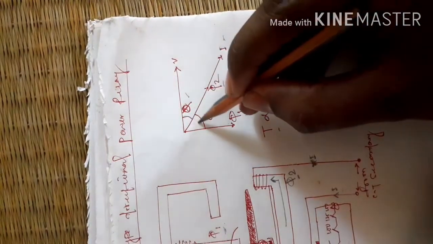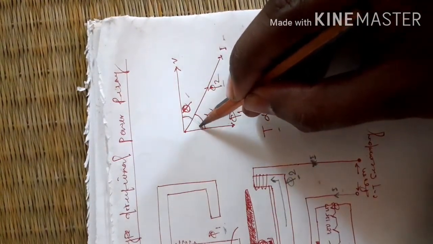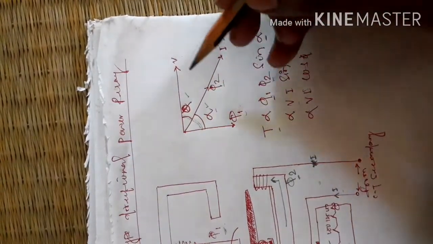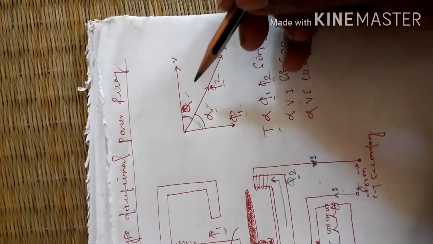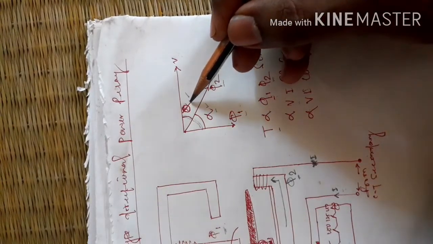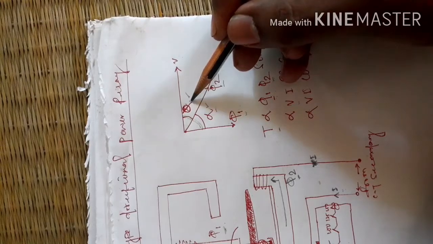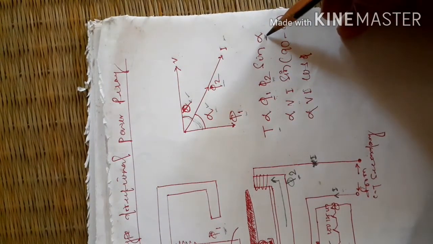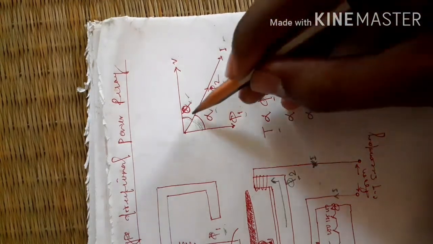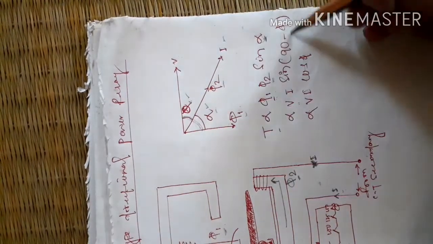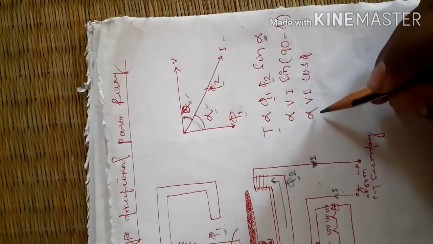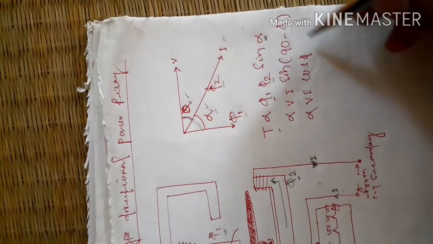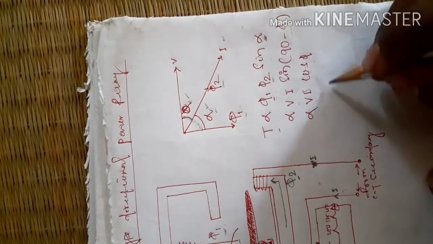If we have to find this angle alpha, then we subtract angle phi from 90 degrees. So operating torque is directly proportional to V I sin(90 minus phi), means V I cos phi. That is the operating torque.